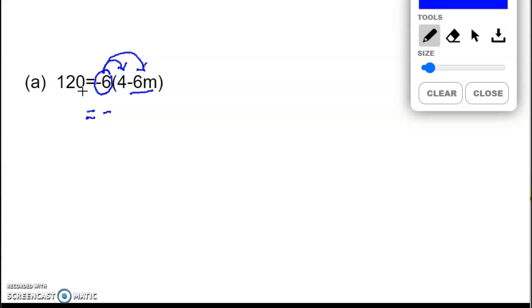So negative 6 times 4 is negative 24. Now negative 6 multiplied by negative 6m. Negative 6 times negative 6 is positive 36, and then to that we're multiplying m. So you have 36m. And on the left-hand side, you just have 120.